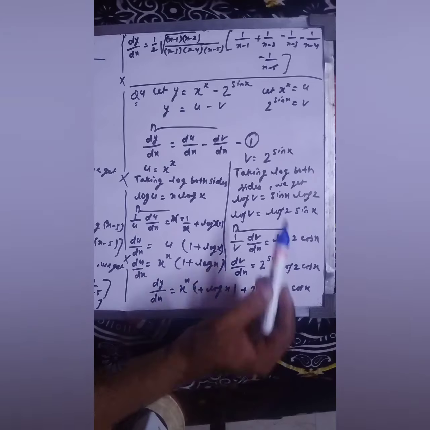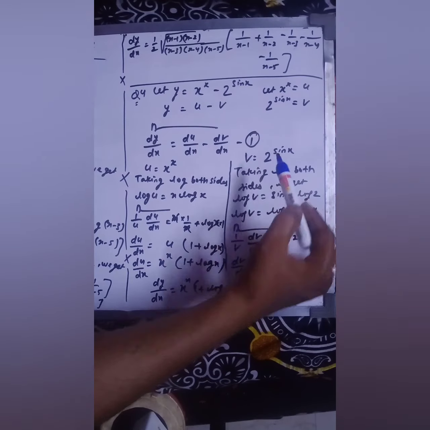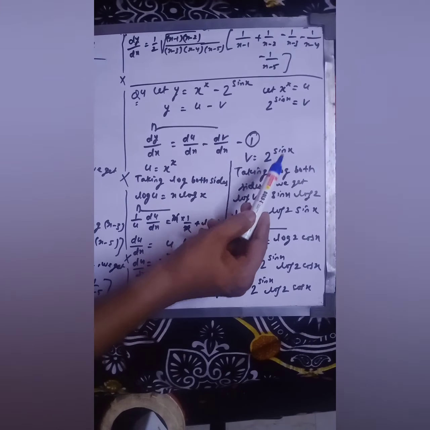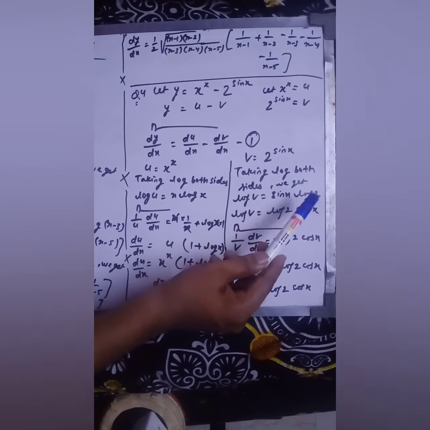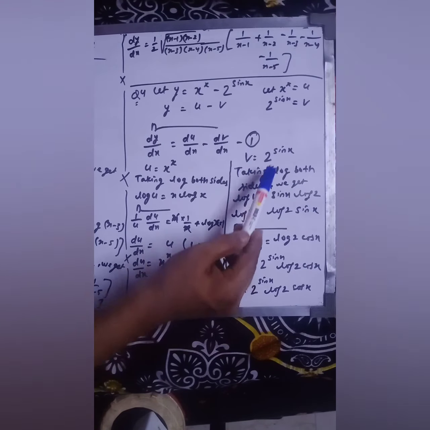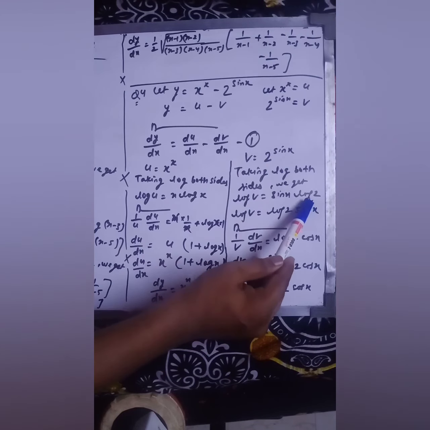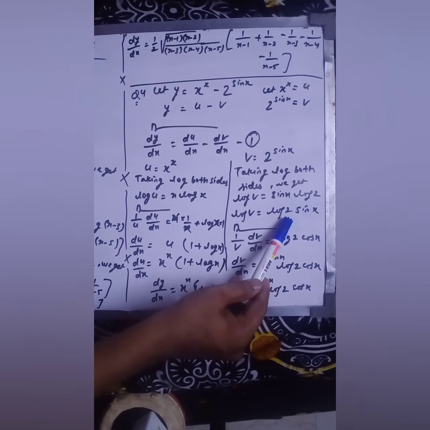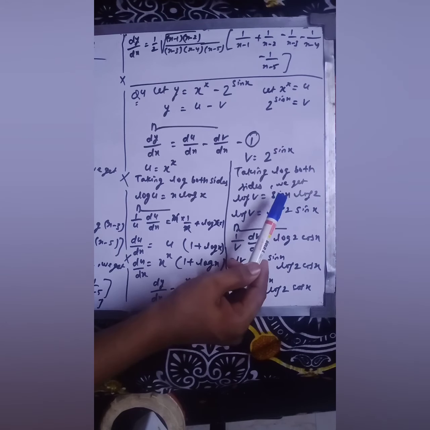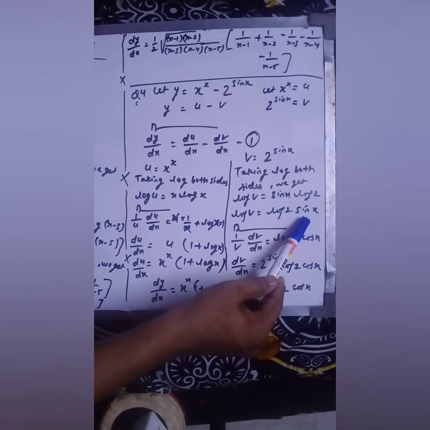Similarly, here v is equal to 2 raised to power sin x, and again taking log both sides, we get log v is equal to sin x log 2. Log 2 is a constant, that's why I'm writing it first, then sin x.